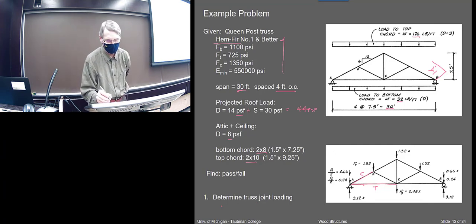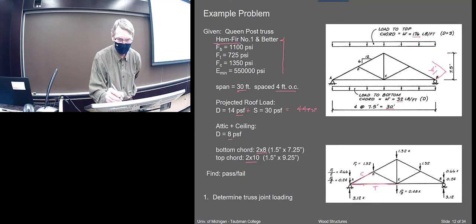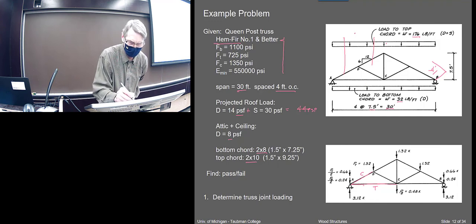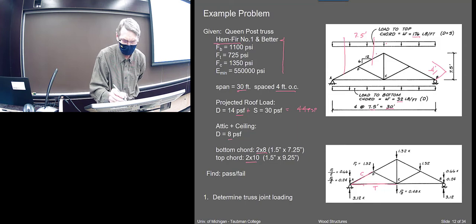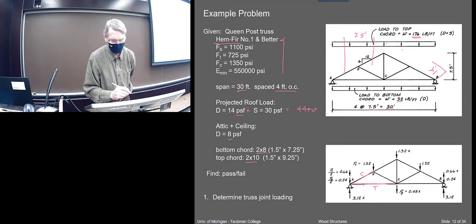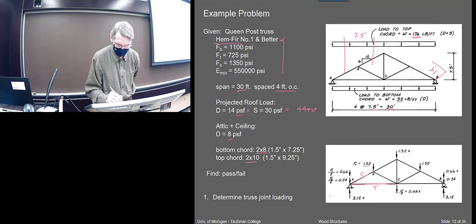Okay, so determine the joint loading. First I take this load and divide it up. The bays are 7.5 feet, so I think from center to center is 7.5 feet. So 7.5 times that PLF load should be that.